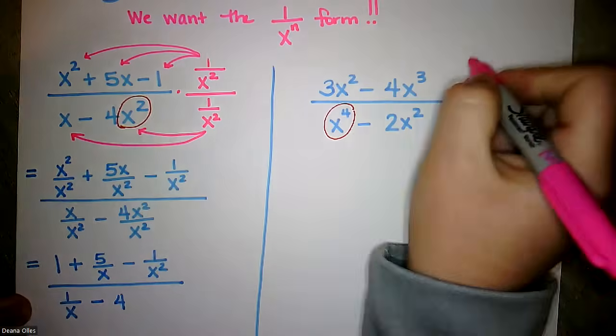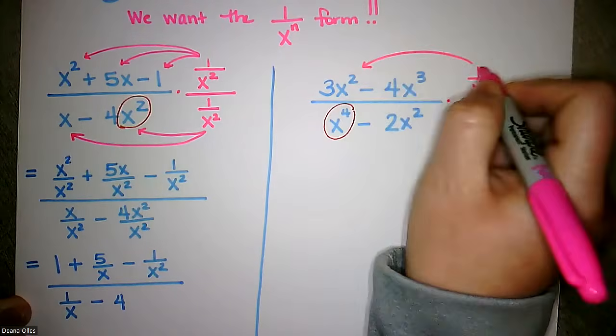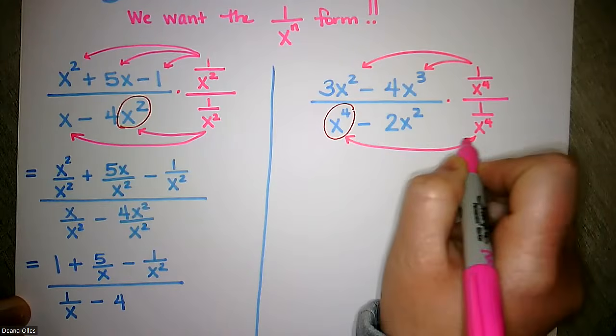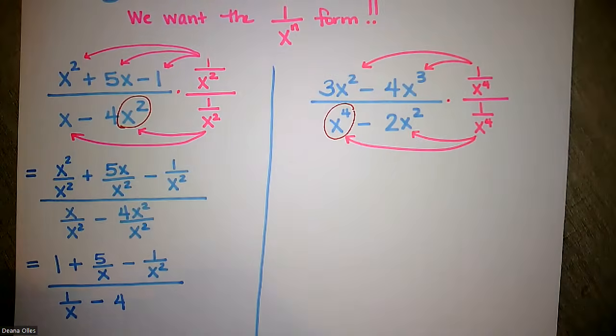All right, and again, we're going to go ahead and distribute into the numerator. All terms get multiplied by 1 over x to the 4th. That is the same thing as saying all terms divided by x to the 4th. So we're distributing into the numerator and the denominator.